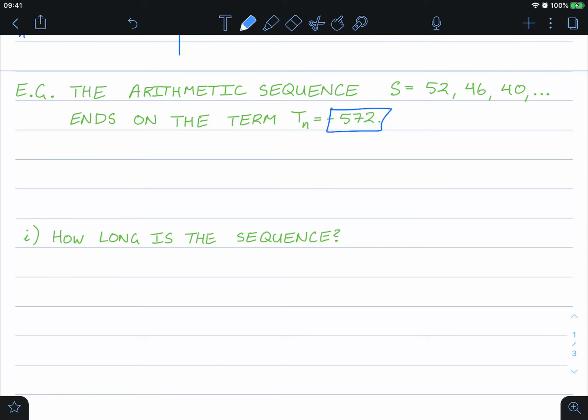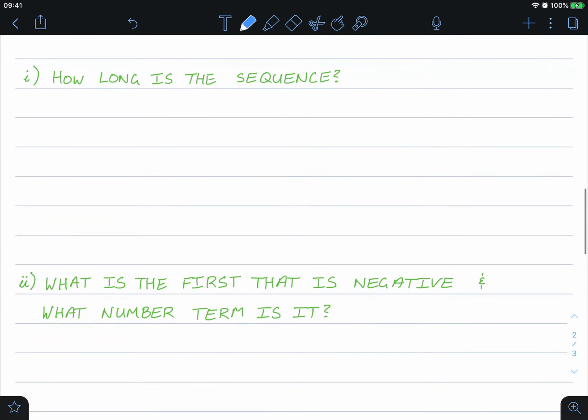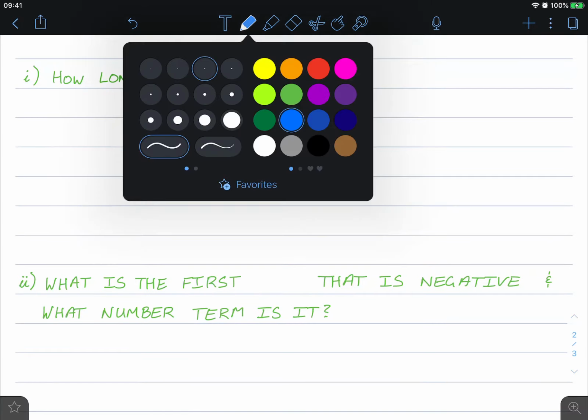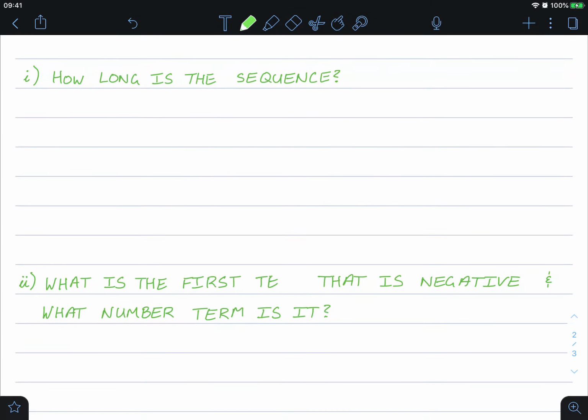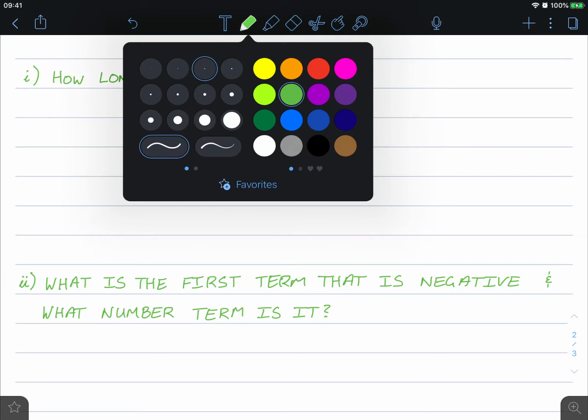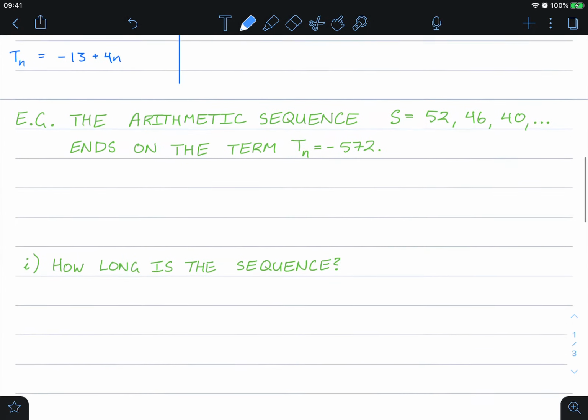It stops on this particular number. The two questions we're going to be answering are: how long is the sequence, and what is the first term that is negative? So let's answer these two questions.